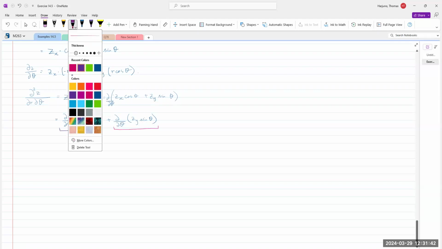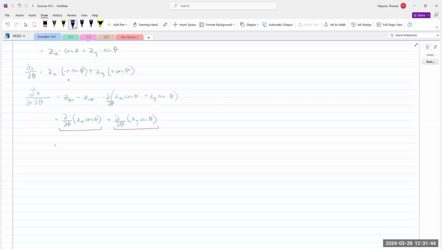Okay, let's do this first. Now, this is, remember, I will do the product rule, right? So this is dou z sub x dou theta cosine theta plus z sub x times the derivative of cosine theta with respect to theta, that's negative sine theta, plus dou z sub y with respect to theta sine theta.